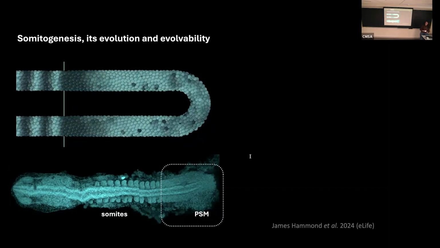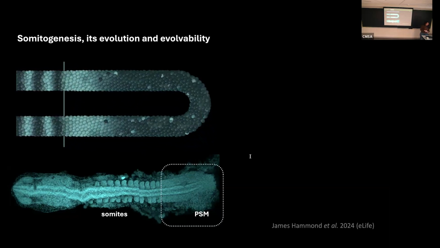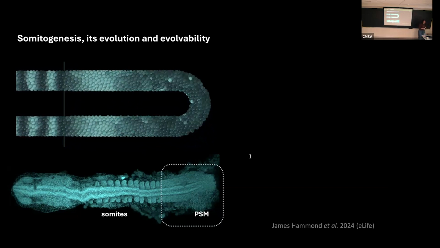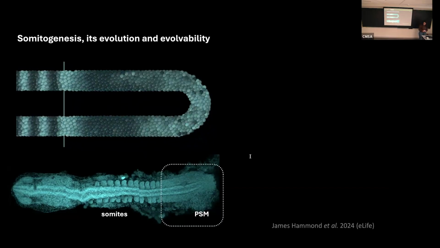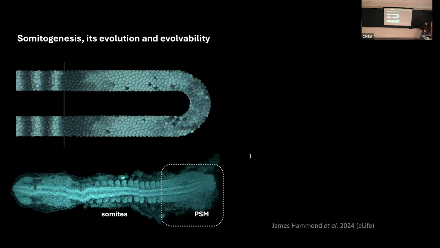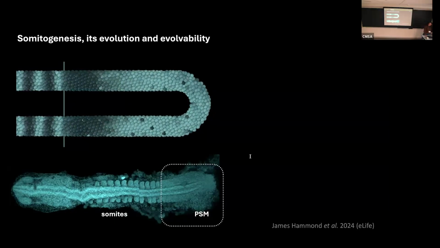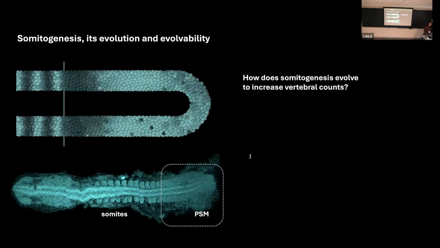These waves are an emergent property of a molecular clock that's active in the single cells and synchronizes with the neighboring cells to generate these traveling waves of gene expression. And conceptually, at least, somitogenesis has to evolve in order to evolve vertebral counts, and hold on to that conceptually, at least, part.